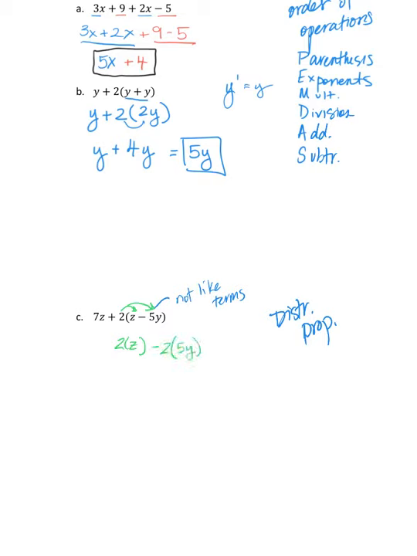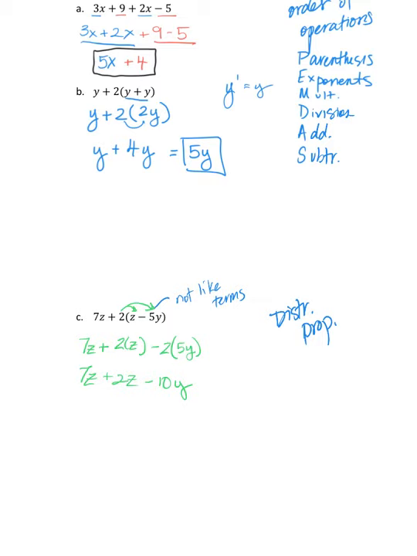So we're just doing it in the form that we were working with earlier. However, we can't forget that we have this 7z in the original expression. So simplify a little bit. So I have 7z stays 7z, 2z now, and then here I can do negative 2 times 5y to give me negative 10y.